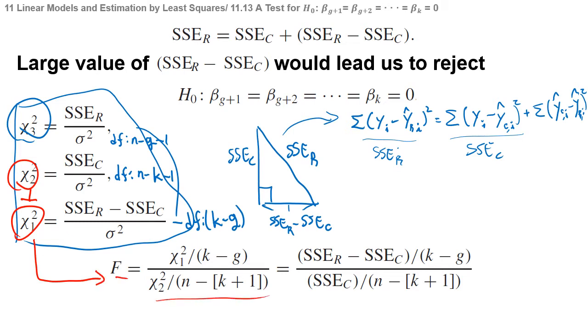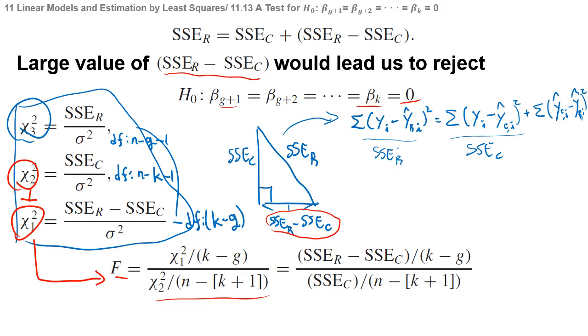The larger the value of SSER minus SSEC, the better the evidence to reject that beta g+1 through beta k equal 0.